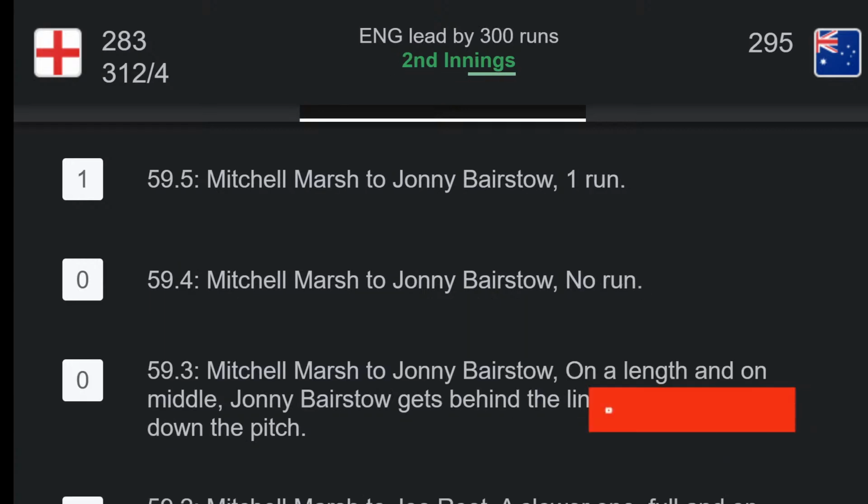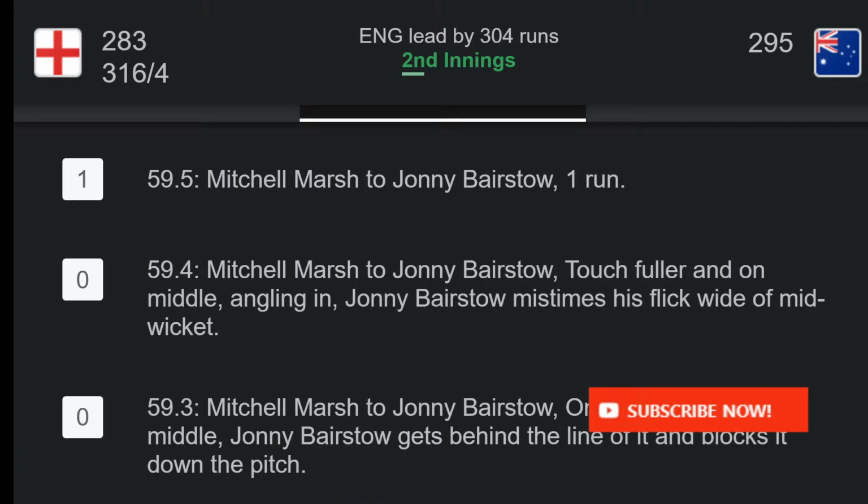Now another single, Mitchell Marsh to Jonny Bairstow. 312, England lead by 300 in the second innings. Australia in the first innings were 12 runs ahead of England.